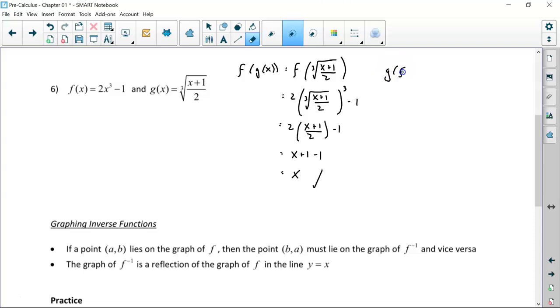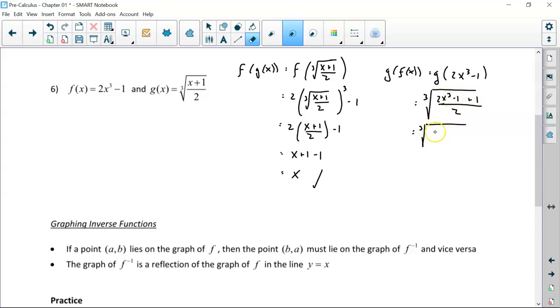G of f of x. So the function g of 2x cubed minus 1. So now it's going to be the cube root of 2x cubed minus 1, and then plus 1 over 2. We're working inside that cube root first.